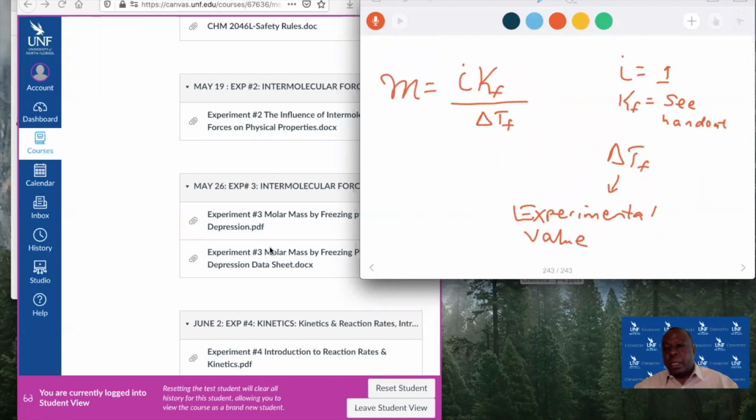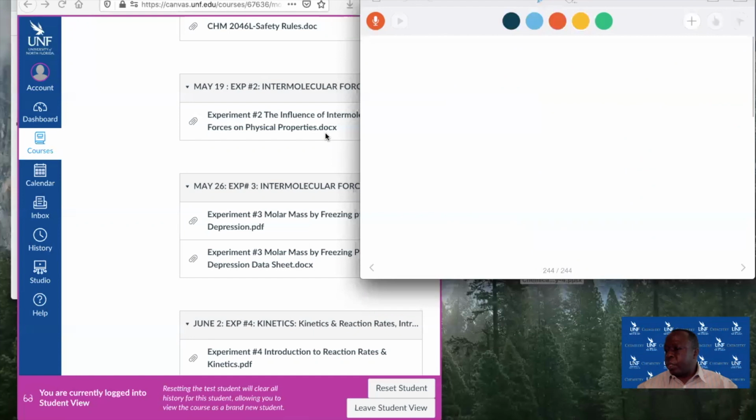You can get the molality, but the left side, let me call this equation 1. That is equation 1. Then there is another equation 2 here. Number of moles is given by mass in grams of solute over molar mass.